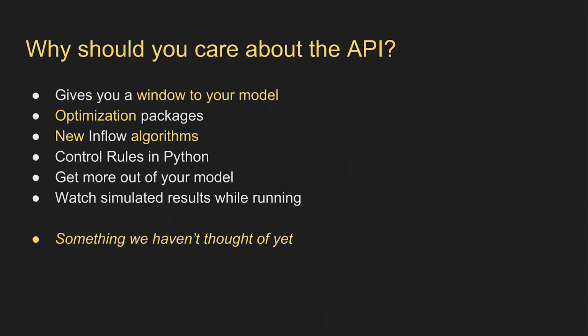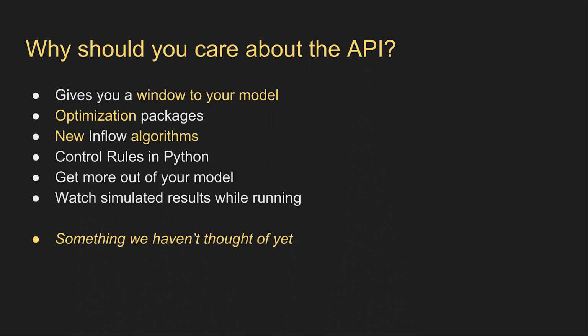So why should we care about all these things, besides all the things that we can use to simulate? Well, we have a window to the model. Before this, it was a bit opaque. We could just put an input, run a process, and then get the output. Right now, we can really see what's going on every single step.